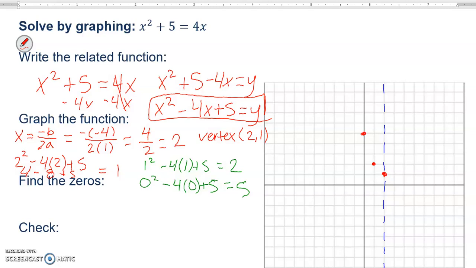And then we can mirror that since this is our axis of symmetry. So to me it looks like this does not have any zeros. So no zeros. So that would be our final answer.